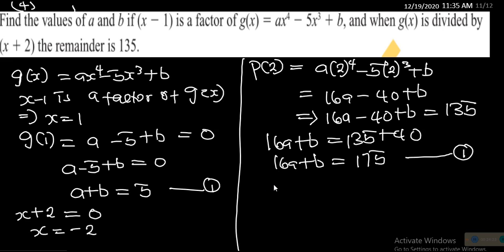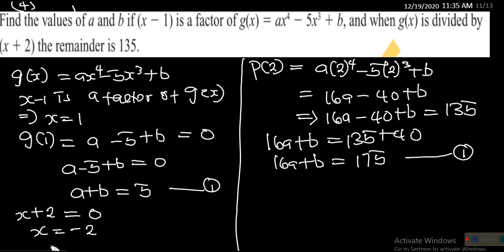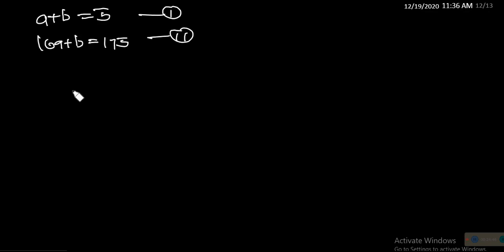So now we can solve equations 1 and 2 simultaneously to find a and b. The first equation says a plus b equals 5, equation 1. Then 16a plus b equals 175, equation 2. Let's cross check whether I copied correctly. Yeah, it's correct. So let's subtract equation 1 from 2.